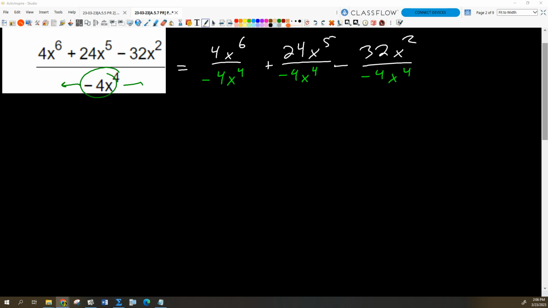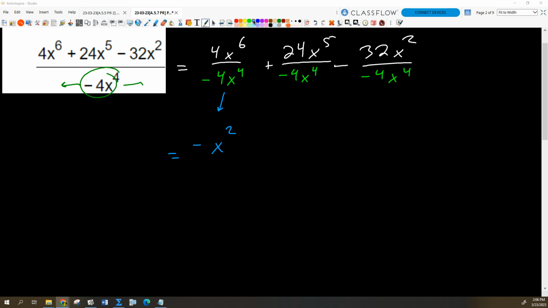And then we can just simplify each one of those. So what do I get from my first term here? 4 over negative 4 is negative 1. So I'll put a negative out front. x to the 6th over x to the 4th, x squared. There's my first term, okay?